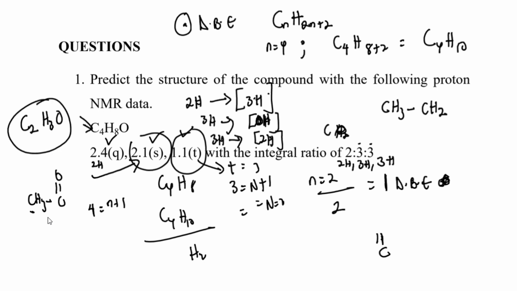If you look at this carefully, we have 2 carbons to account for this 3 hydrogen and this. So we can therefore see that this is the structure, CH3. So you can assign the values there again, which is 2.1 singlet, this one is 2.4 quartet, and this one is 1.1 triplet. So that is that.